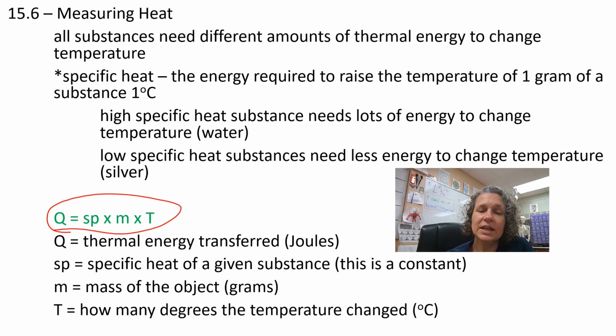Then the specific heat, c, typically is a constant, although we'll do some problems where we solve for that constant. m is for the mass, whatever the object is, how big it is. And then ΔT is how many degrees the temperature changes by. So if it goes from 25 degrees up to 40 degrees, then ΔT is 15. It's just the change in temperature.